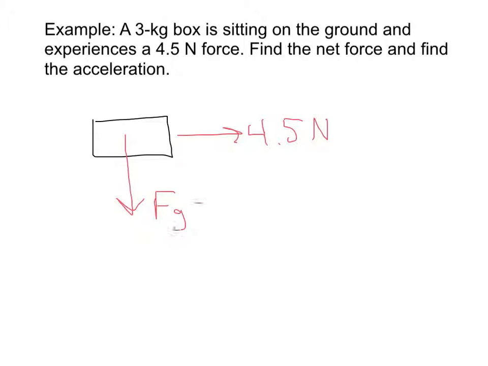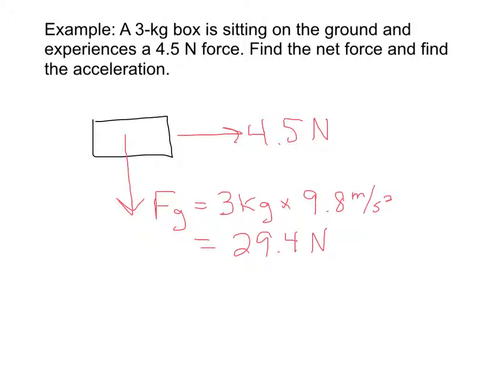I can find that by multiplying the mass of 3 kilograms times the acceleration of gravity, which is 9.8 meters per second squared. When I do that, I get the force of gravity, or the weight of the object. It's 29.4 newtons.